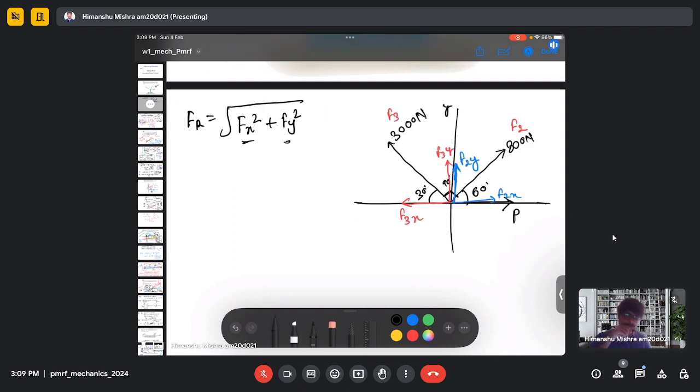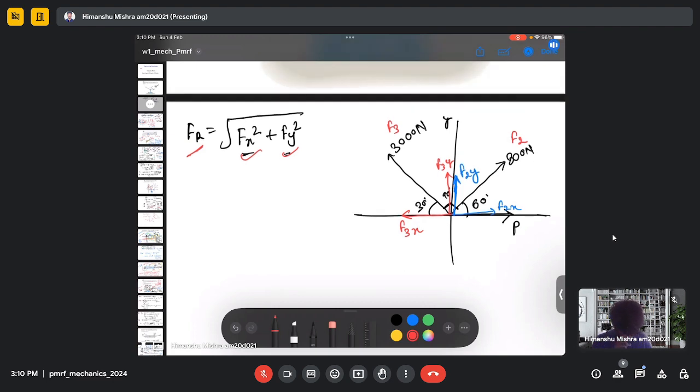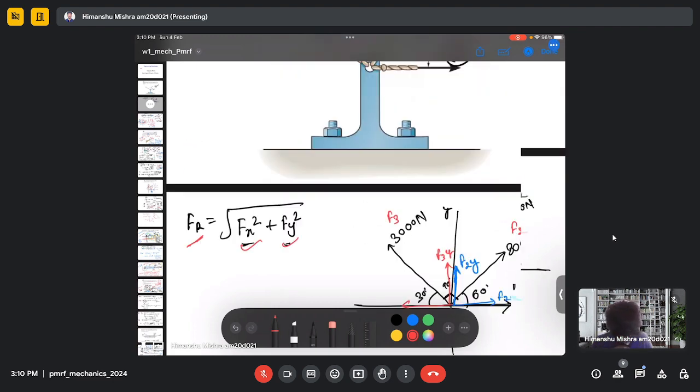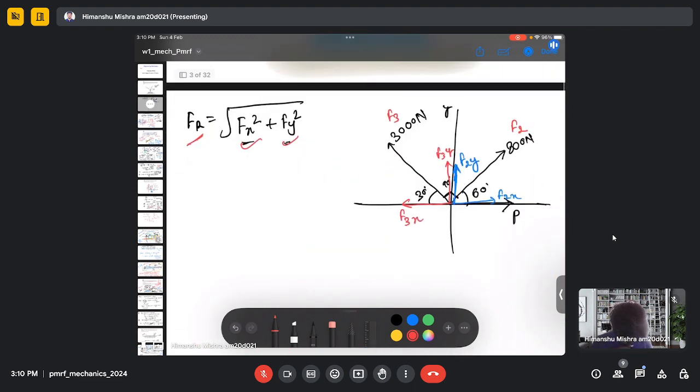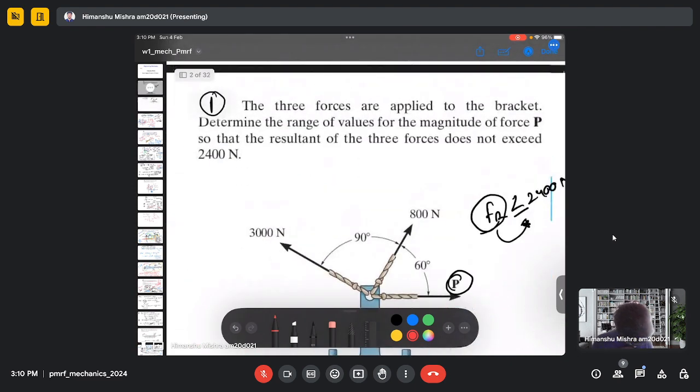First we need to do the force balance in both the horizontal and vertical directions to calculate these components Fx and Fy. Then we can calculate the resultant force.